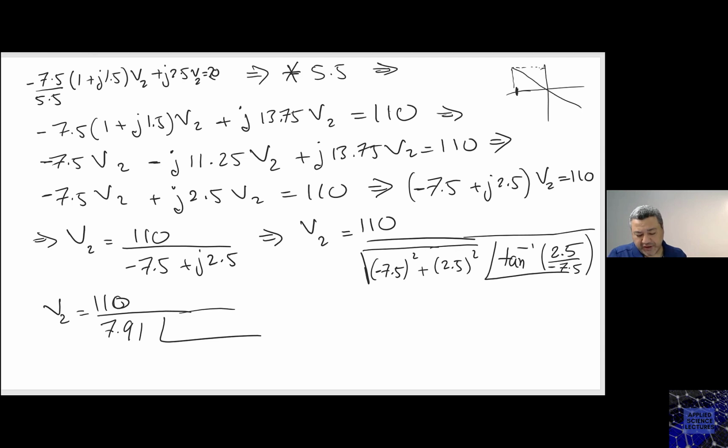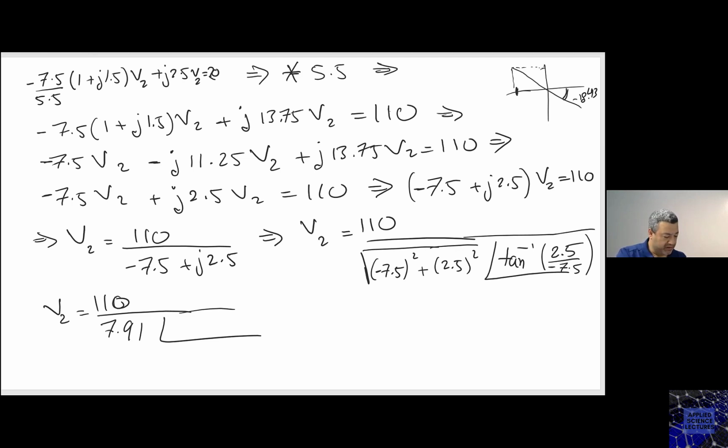So the calculator is going to tell you minus 18.43, but that's wrong. You need to add 180 degrees to it to get it in the second quadrant.